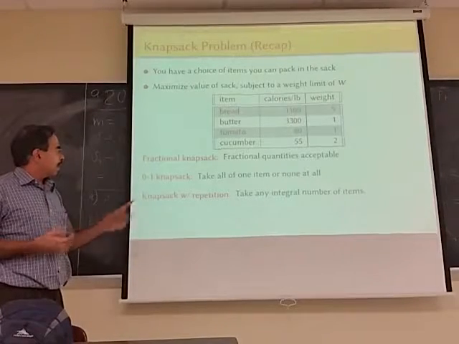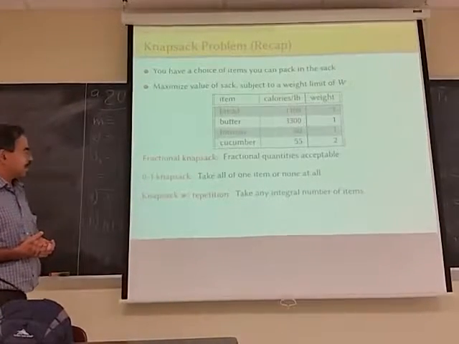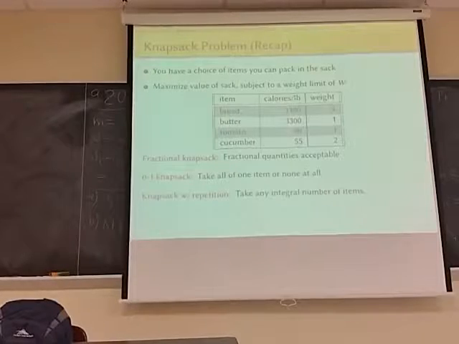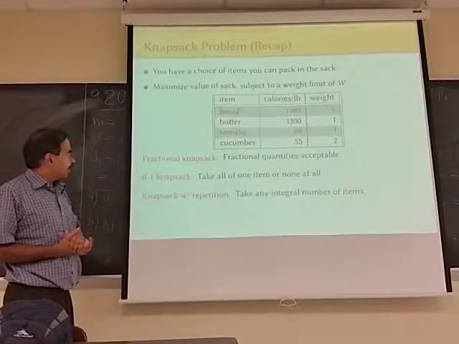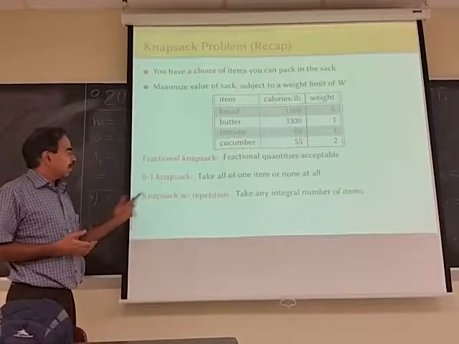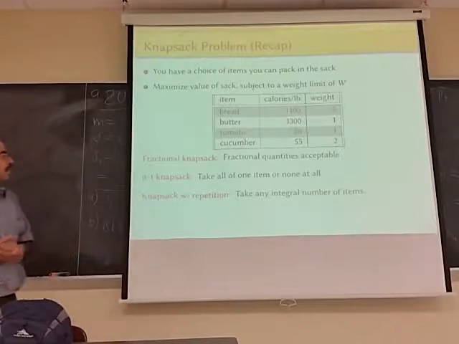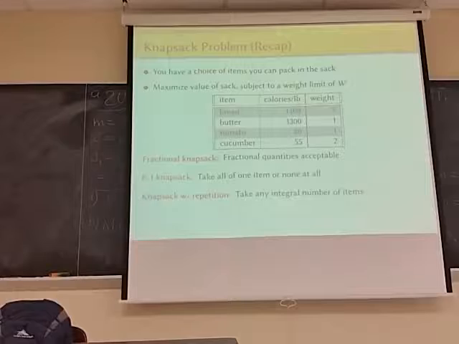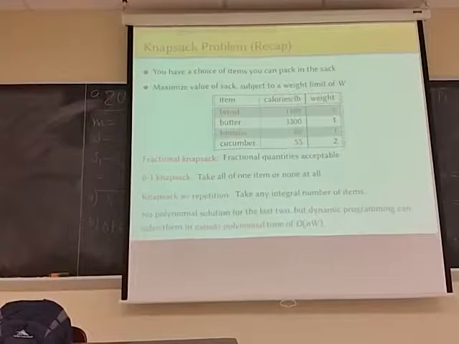But if you have the other variant, which is 0-1 knapsack, or generalization, where you take one or more instances of each item, then the problem is quite difficult to solve. It's actually an NP complete problem.